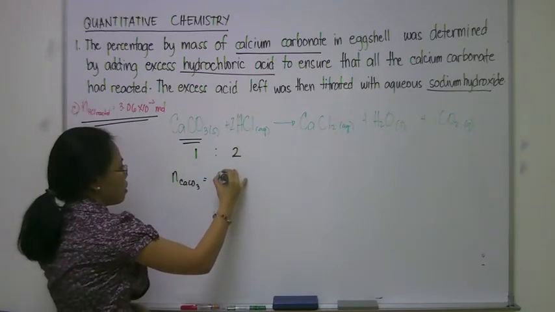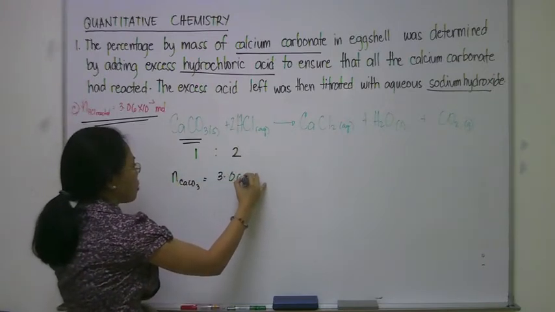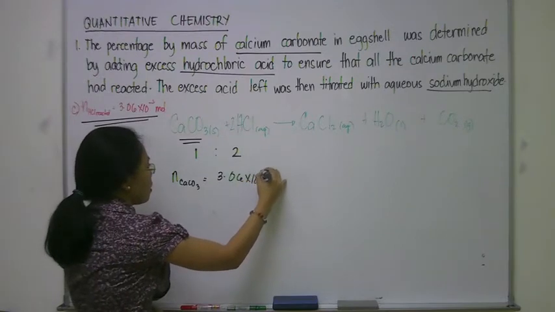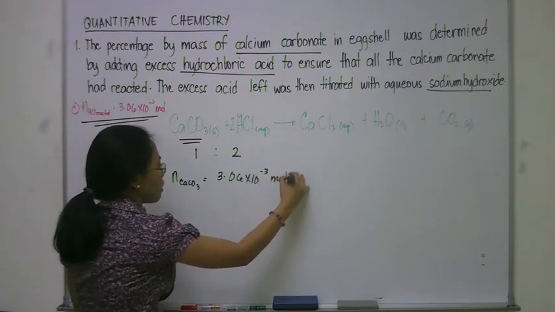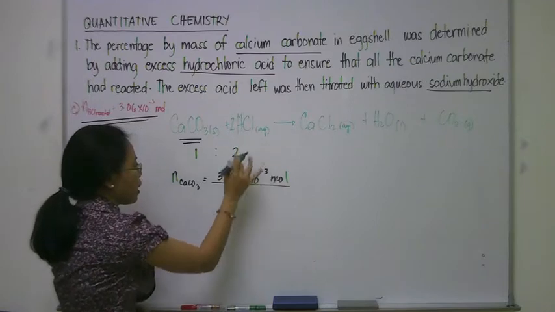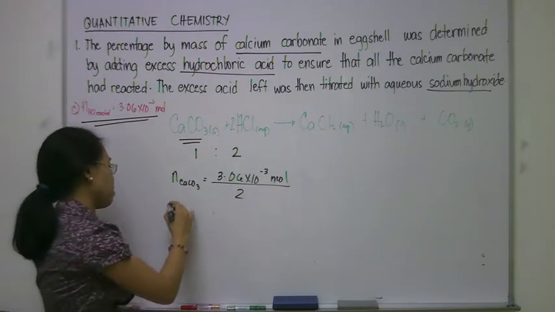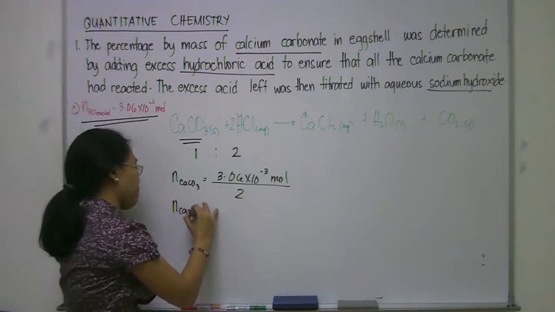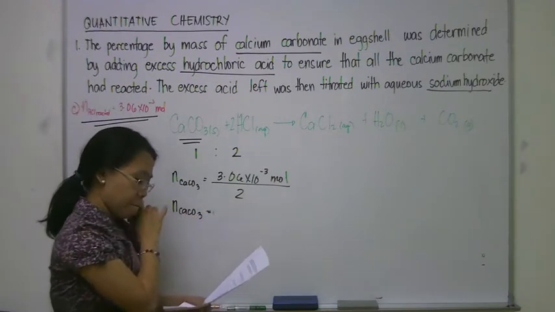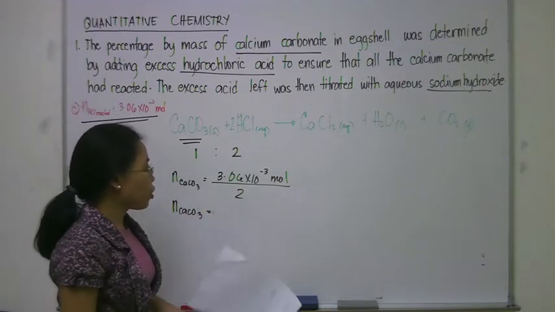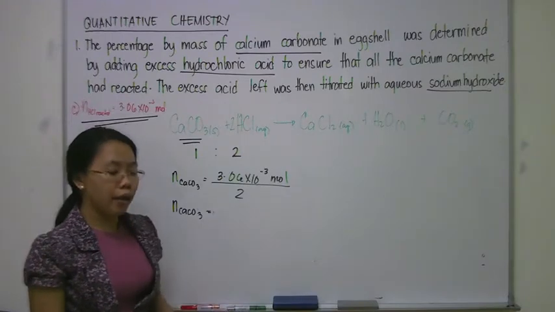Hence, to calculate moles of calcium carbonate, we just need to divide 3.06 times 10 to the negative 3, the moles of HCl, by 2, or you can multiply it by 1/2.